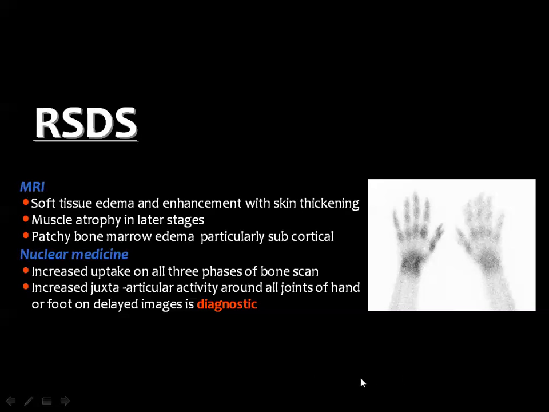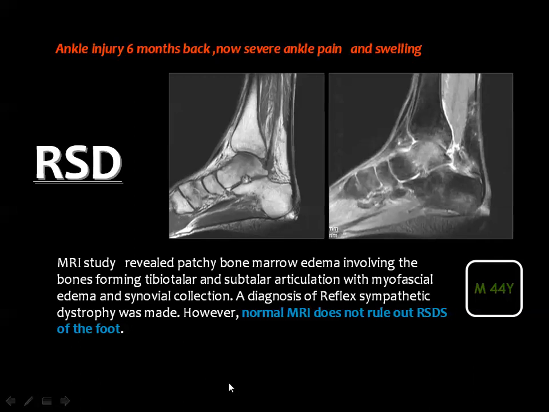The nuclear medicine will show increased uptake in the affected part of the limb, and this increased uptake is usually juxta-articular or around all the joints and is considered a diagnostic finding for this syndrome.